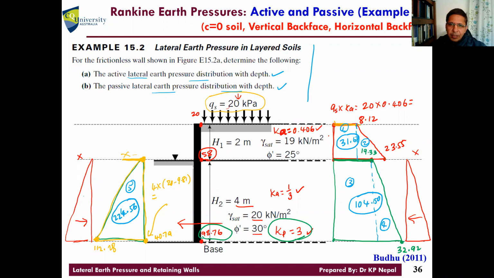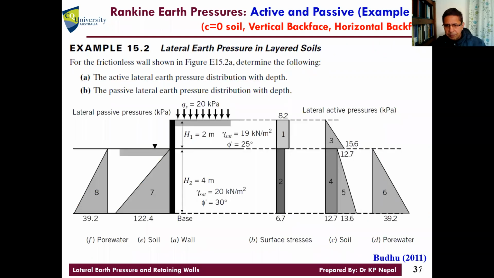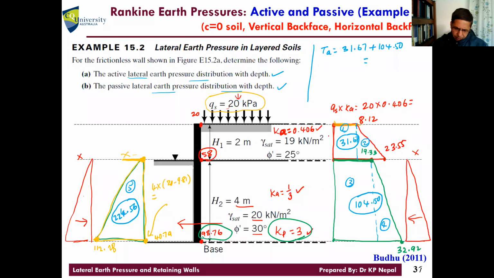Can I quickly check what the total active is? Total active equals 31.67 plus 104.5. The total active force is 31.67 plus 104.5, equal to 136.17.